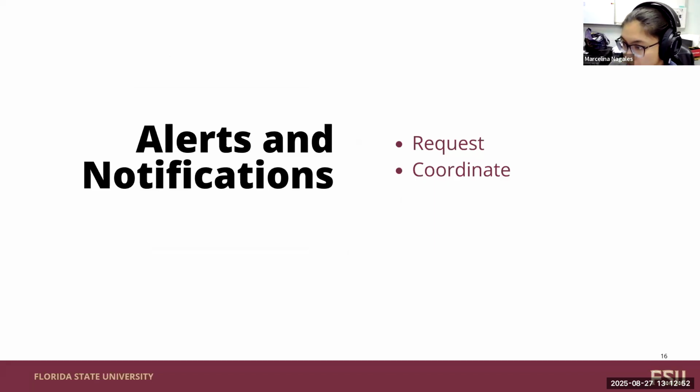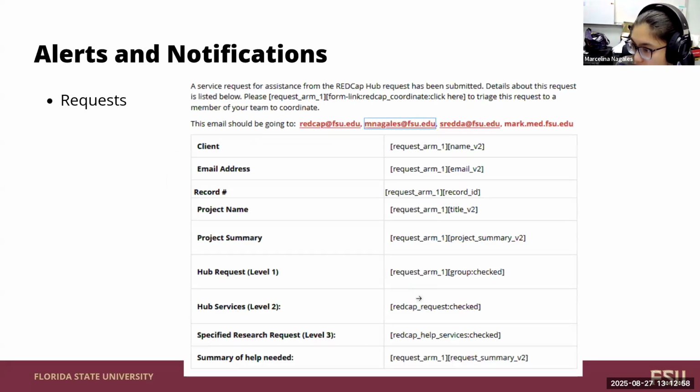Okay, so for alerts and notifications, we have request and coordinate. I know that Mark had already talked about the request for assistance in terms of the external links and hubs. For the pre-existing hubs, so REDCap, clinical research, community engagement, and biostats and informatics, they get an initial heads up that someone has requested that service.